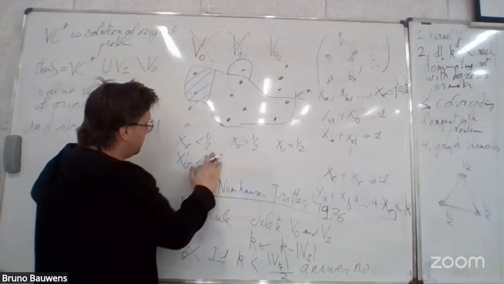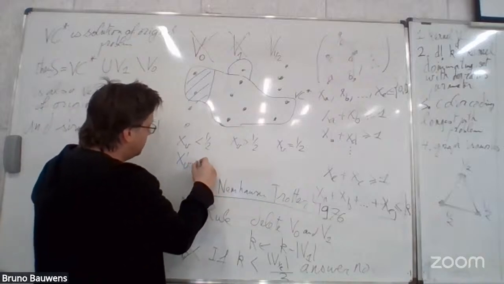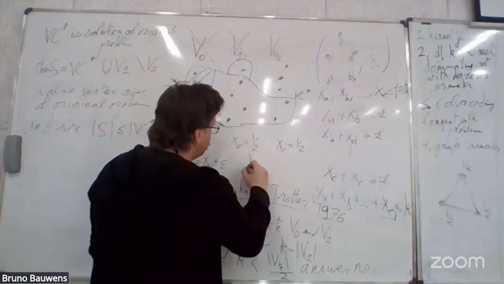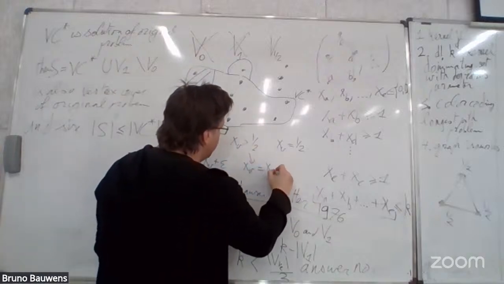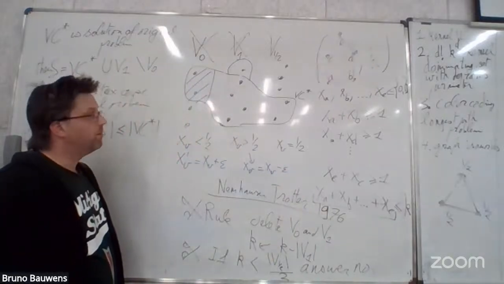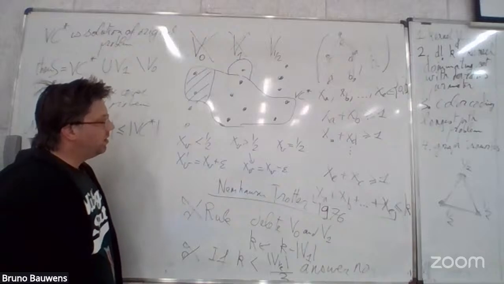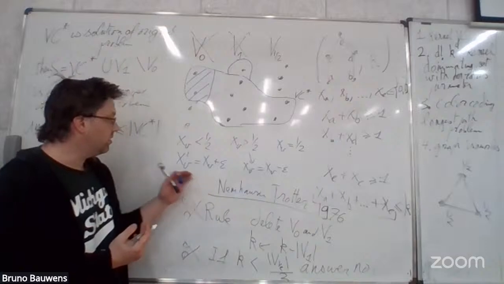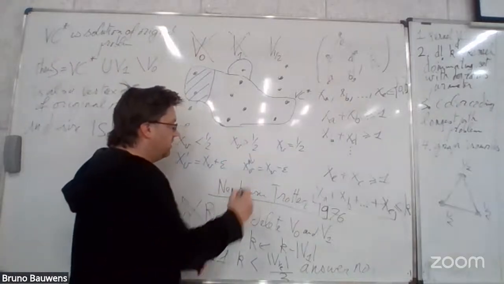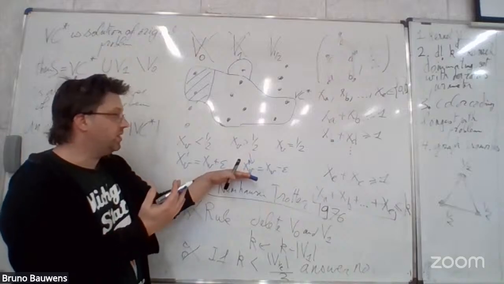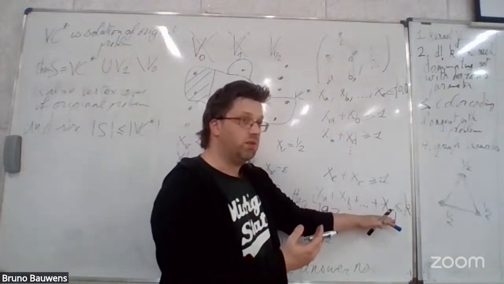So xv is equal to xv plus some small epsilon here, and here we set xv equal to xv minus some small epsilon. We note that for the new solution, the total sum of x primes can only increase, because we said that this was a minimal solution.